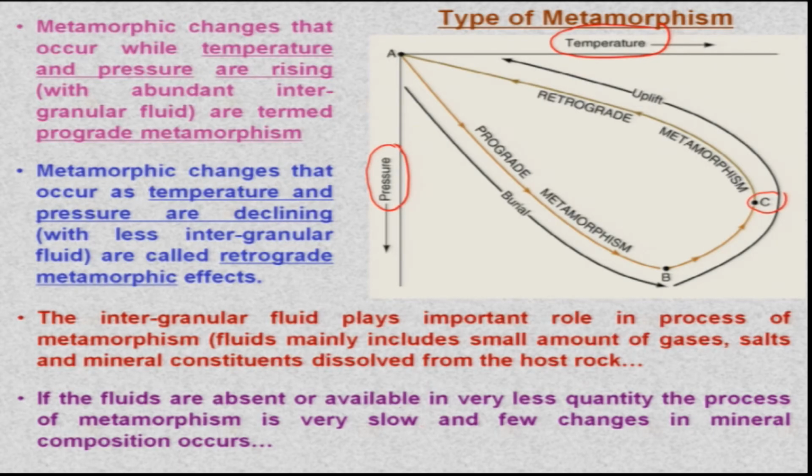So there's also an effect on the cooking process I was talking about. If you have less fluid available, then the process may be a little bit slow, and few changes in the mineral composition will take place. So alteration of one mineral to another mineral will be a slow process. So this also is important.